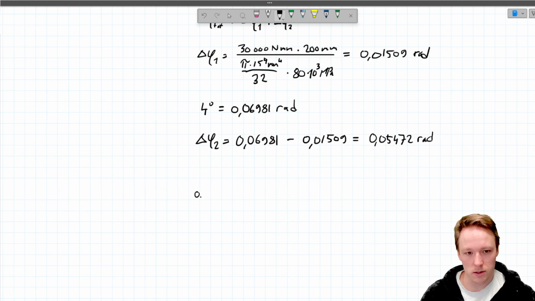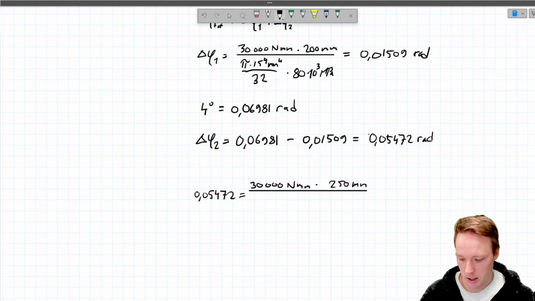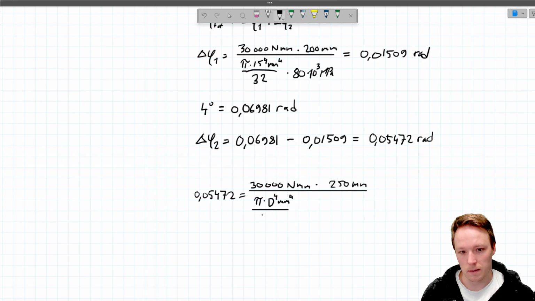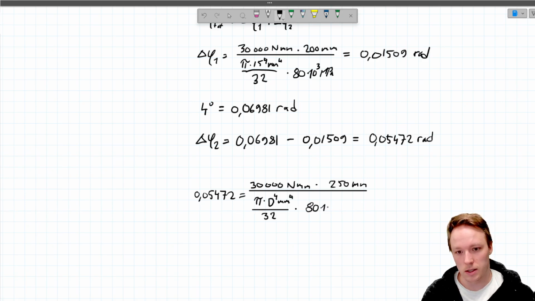So we will write 0.05472 equals torque, 30,000 Newton millimeters, multiplied by the length of the second section, which is 250 millimeters, divided by the second moment of inertia of the second piece, which will be pi times d to the power of 4, millimeters to the power of 4, divided by 32, times shear modulus, which is 80 times 10 to the power 3 megapascals.